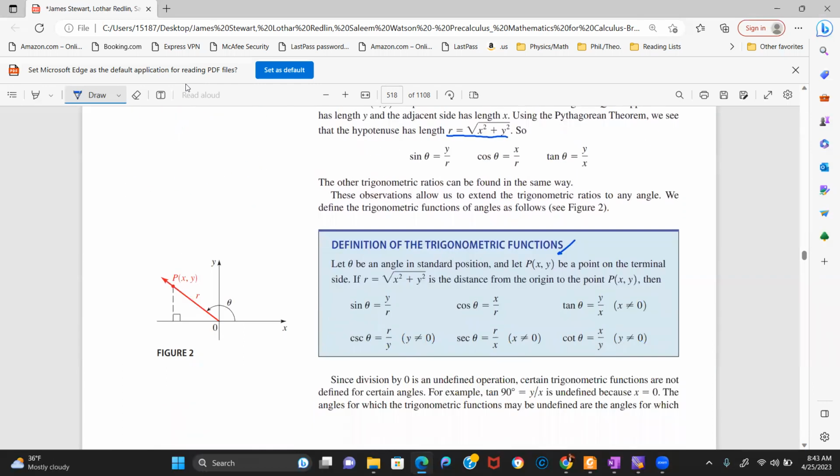So given an angle, you rotate through the angle, and it determines a point P(x, y) in the plane, and this point has to lie on a circle.